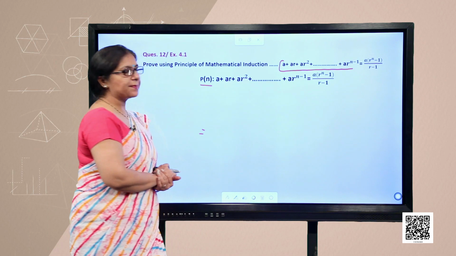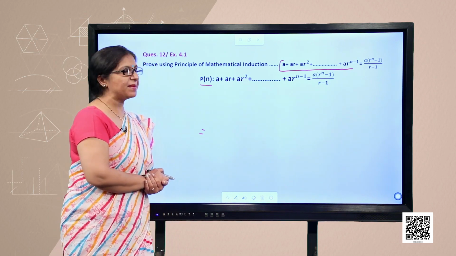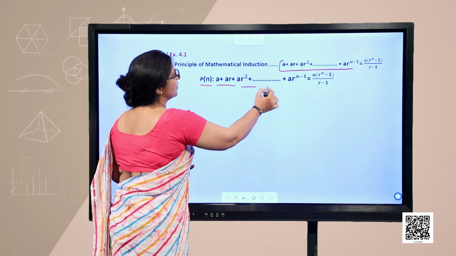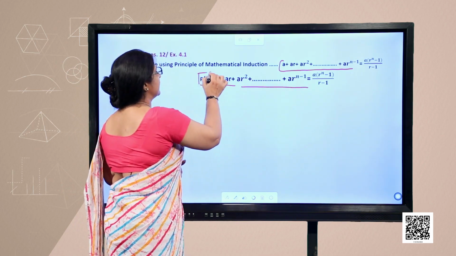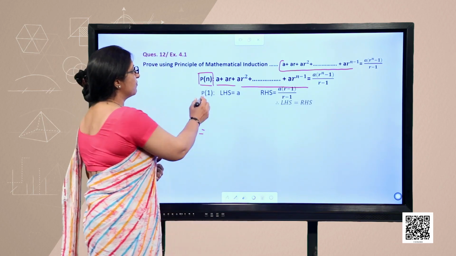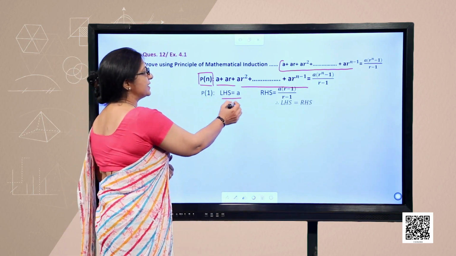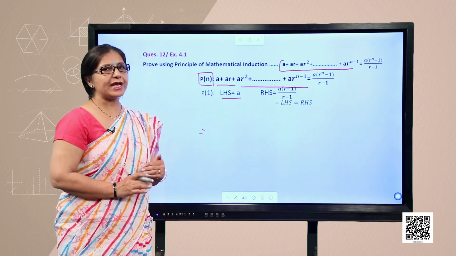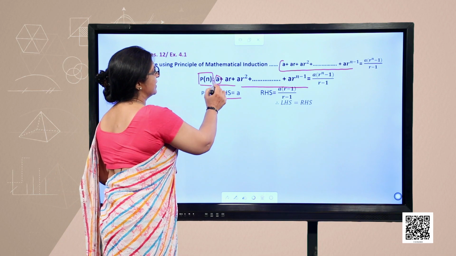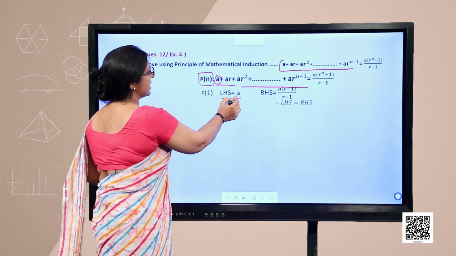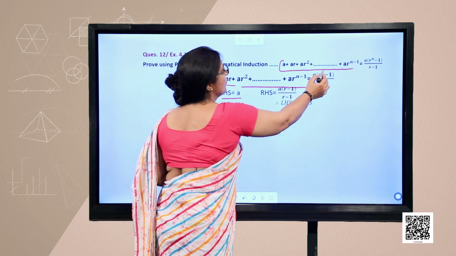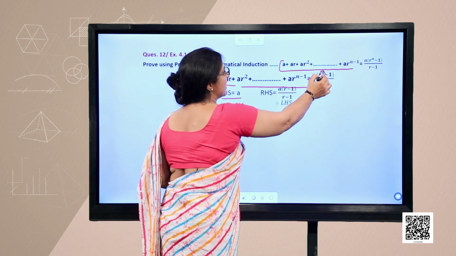As the first step, we define the statement as Pn, the same statement given above to be proved. Then we will verify it for 1, P1. Left hand side means we need to take the first term of our Pn, that is a, and for the right hand side we have to replace this n by 1.